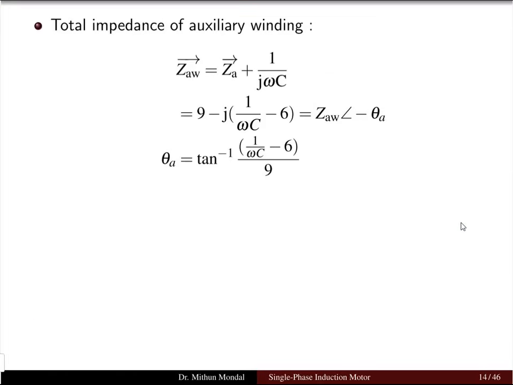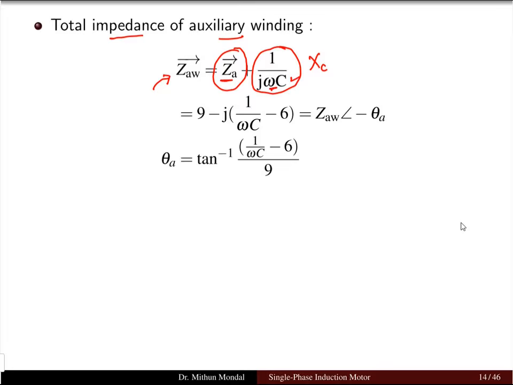So we can use the concept of the total impedance of the auxiliary winding, because the capacitor, whose reactance or impedance is XC, 1 by j omega C, is added to the auxiliary winding, since both are in series. That gives the total impedance of the auxiliary winding. We have to put in the values of this ZA and 1 by j omega C. The frequency omega is given, but the capacitor value is not given.